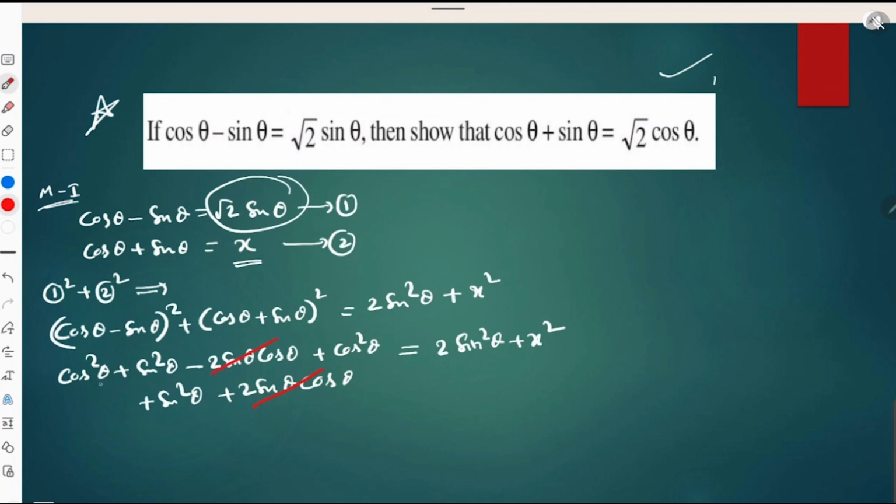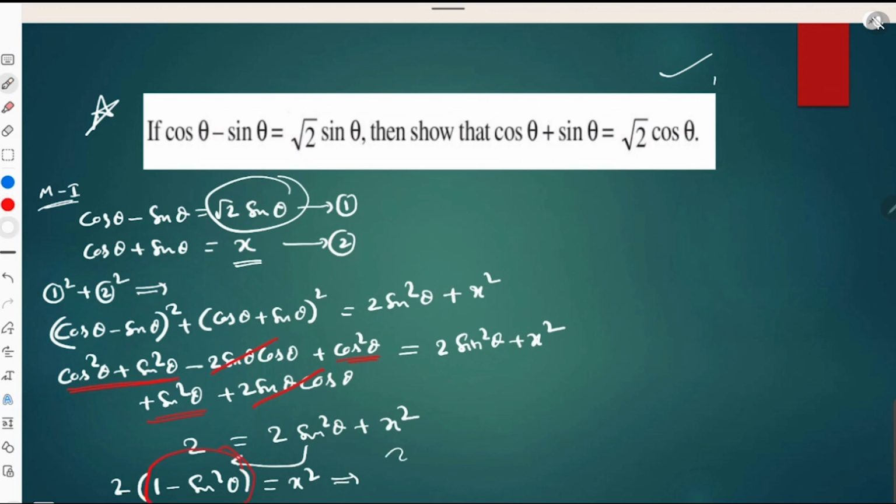And sin square plus cos square value is 1, and this sin square plus cos square is 1. So 1 plus 1, the value is 2, equal to 2 sin square theta plus x square. So bring this 2 sin square theta to the left side, and take 2 common. What will come? 2 into 1 minus sin square theta equal to x square. What is 1 minus sin square theta? By the first identity, it is cos square theta.